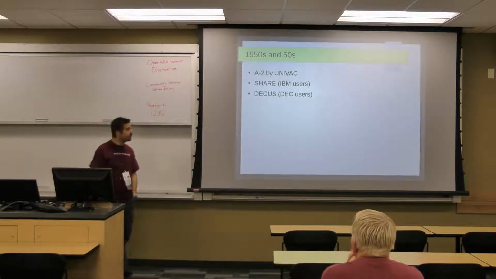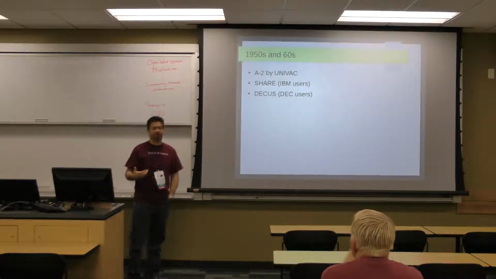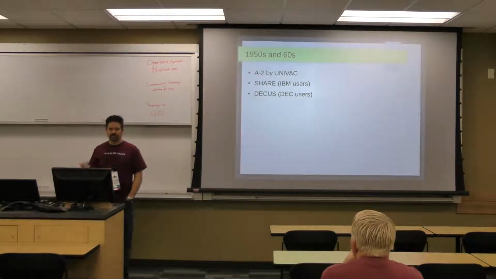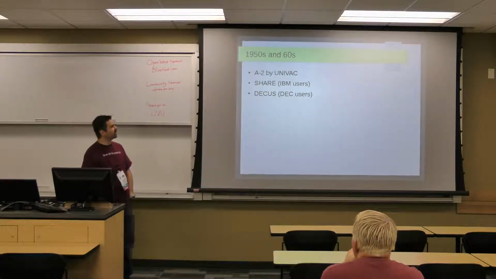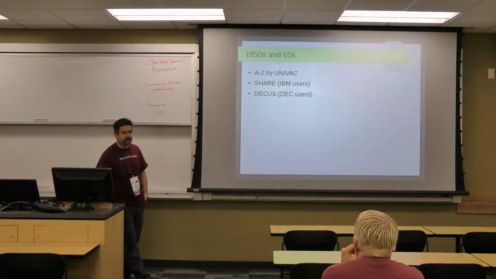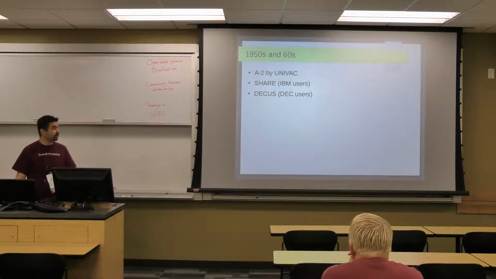And then SHARE, which still exists today, is an IBM user group. And DECUS is another one that's still somewhat relevant today, which was users of digital computers like the PDPs and the VAXes, minicomputers and so forth.